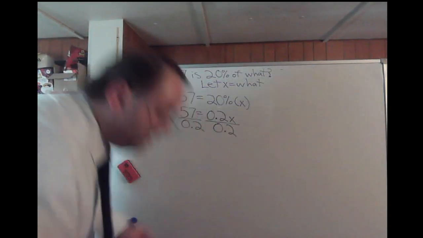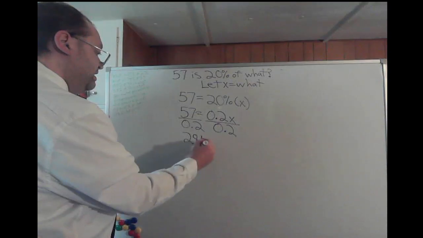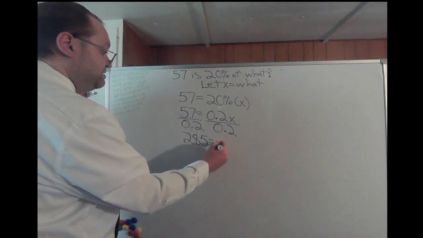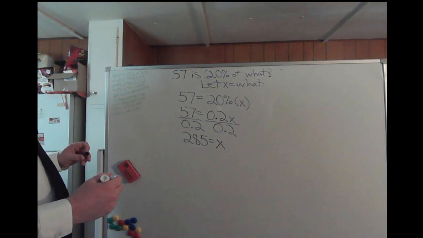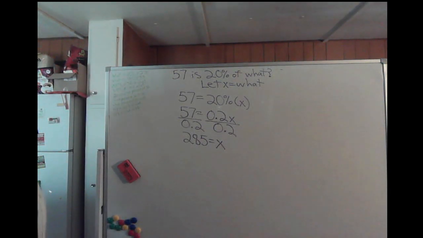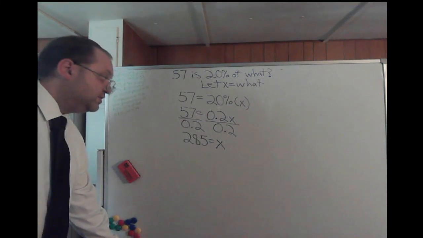That's 285. So 285 is equal to 0.2 divided by 0.2. So that will leave the x by itself. It's 20% of what? Okay, so we got 285 equaling x. So 57 is 20% of 285, it turns out. And that would be your answer.